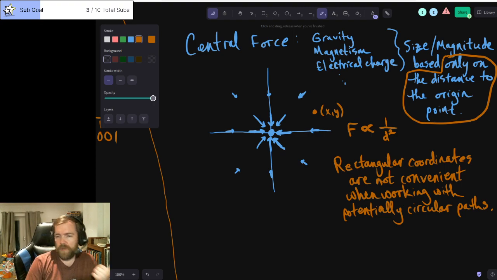So the force is inversely proportional to the distance squared. We could also call that the radius. And then that could give us our polar coordinates.